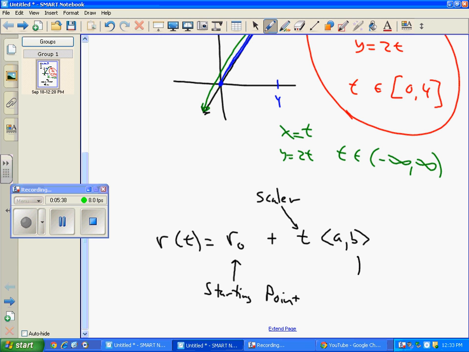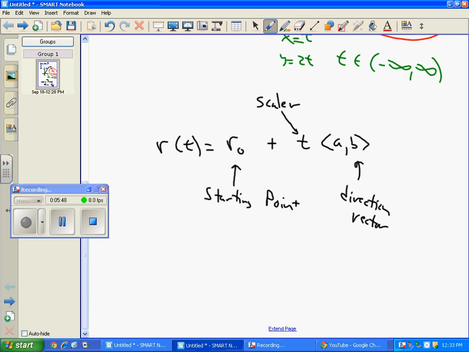This thing here is called a direction vector. This looks scary, but it's really not. When you look at the direction vector, think of a as my change in x, and b as my change in y. You could think of it as another way to write slope.